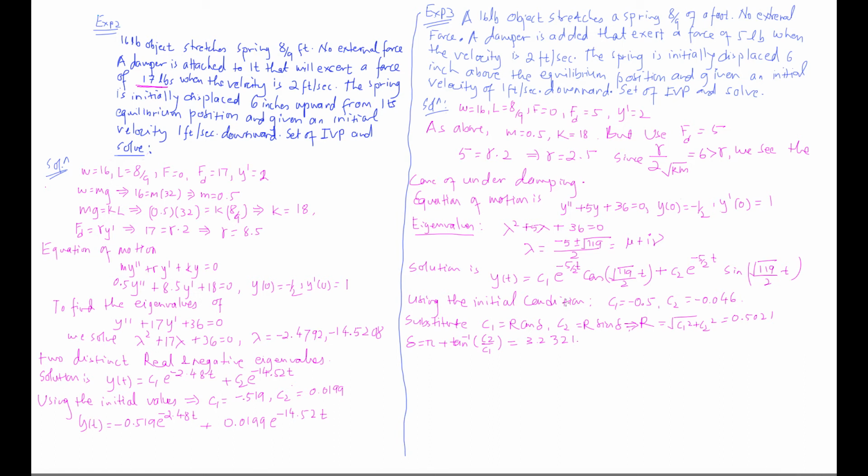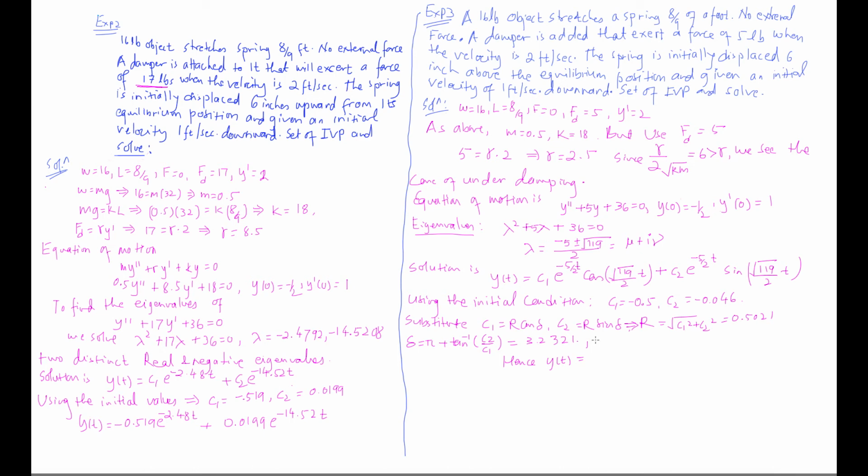So you plot that with respect to time. What will the equation look like? Therefore, y of t equals R, which is 0.5021. And then how about nu? Oh, I forgot to calculate nu.